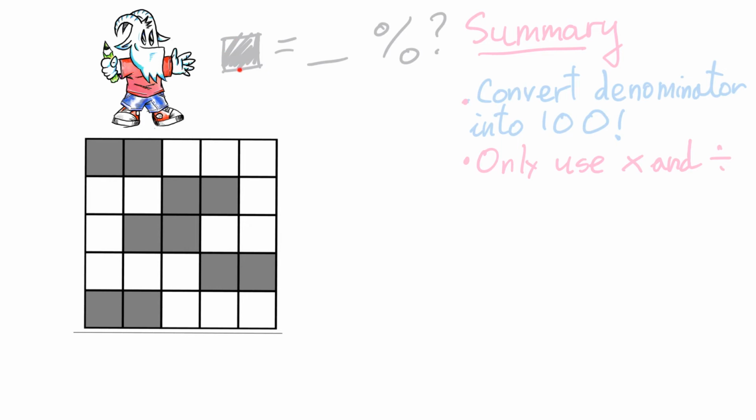Well, our first step will be to record it as a fraction before we turn it into a percentage. So take a moment and count how many squares there are altogether to determine your denominator and how many squares are shaded in. Pause the video, take notes, and whenever you're ready, we're going to solve it all together.